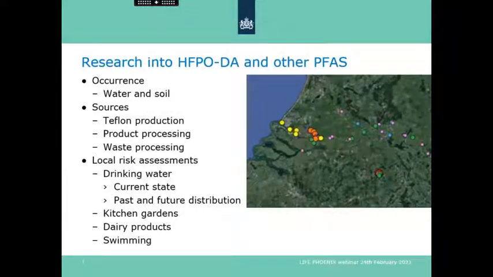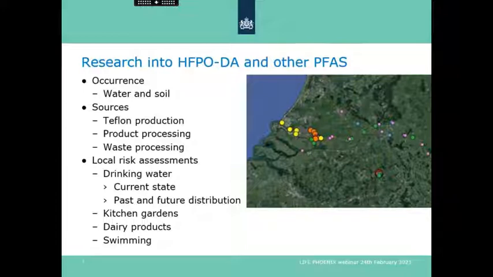First of all, GenX was maybe the most emerging chemical in the Netherlands. It was used at the production facility, and it appeared to occur in quite high concentrations in the aquatic environment around the production facility. But also later on, it appeared to have been spread by air, so it was not only in water, but also in kitchen gardens, for example, and in dairy products.